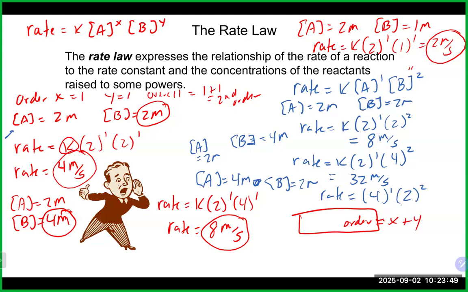That's going to give me 4 times 4, which is 16 molar per second. In this case, the rate did increase, but it only increased by a factor of 2, so it only doubled the rate. So again, if you want a really big increase in the rate, you would want to play with B. If you want maybe a mild increase in the rate, you'd play with A.